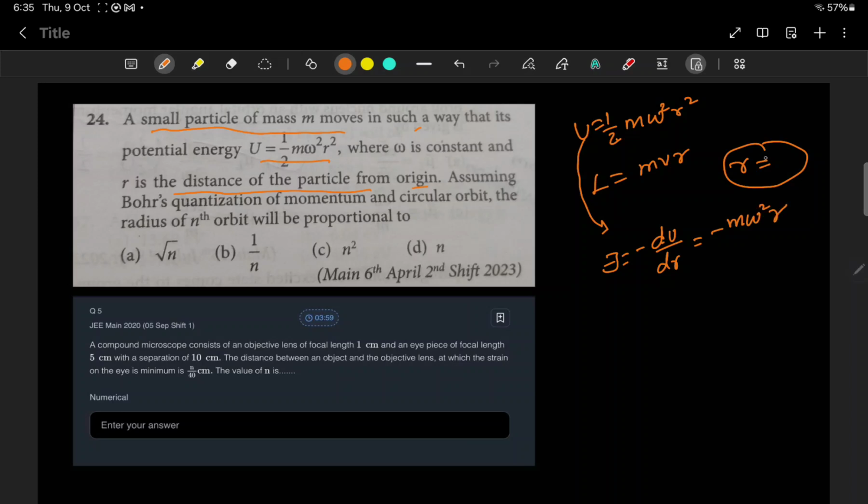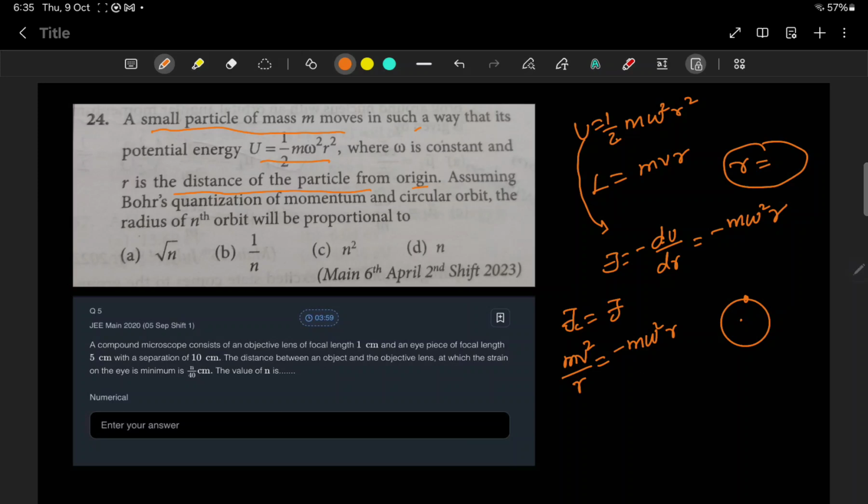Okay, so now if you have an orbit, your electron will be revolving around in a circular path. So your centripetal force will be equal to your force F here. So we can say mv square by r is equal to minus m omega square r.